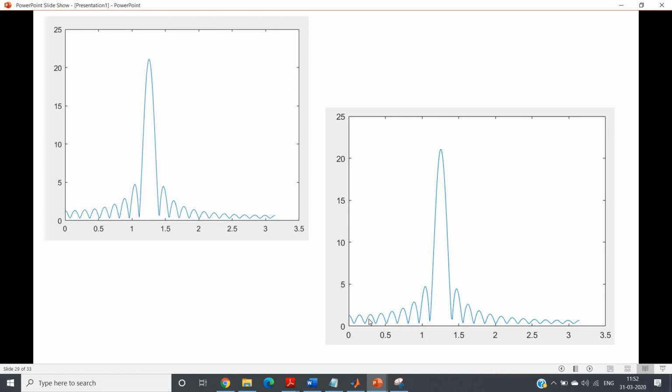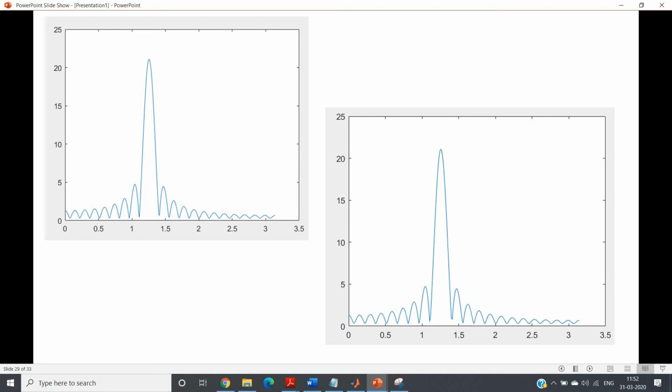Without zero padding, that means when you are sampling with a large interval, we were basically not getting the information we already have. The information we already have, but the sampling interval was such that we were not getting some information between two successive samples.